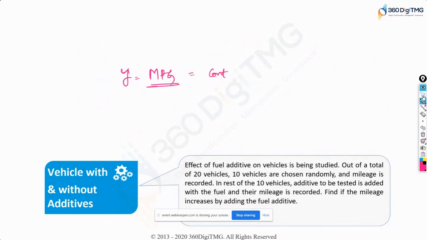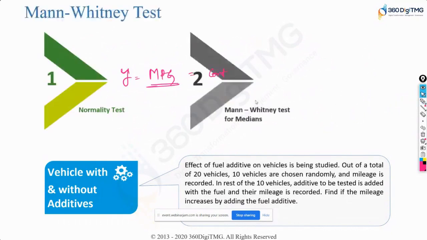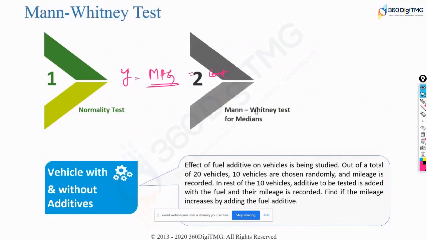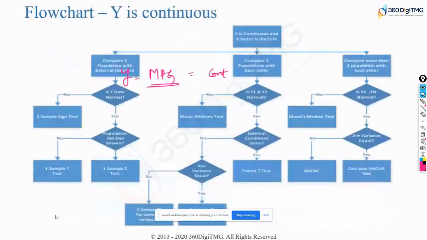So if it is continuous, the first thing I would have to do is a normality test. The first thing that I would do is verify whether the data is normally distributed or not.